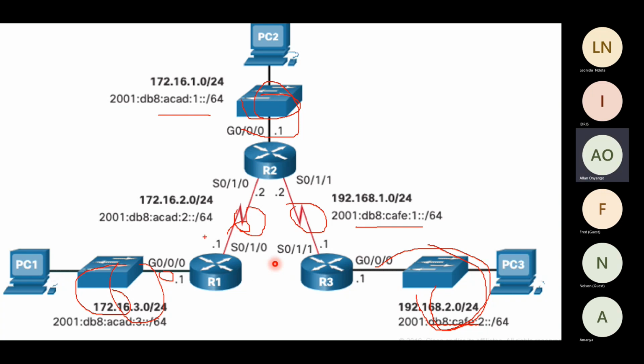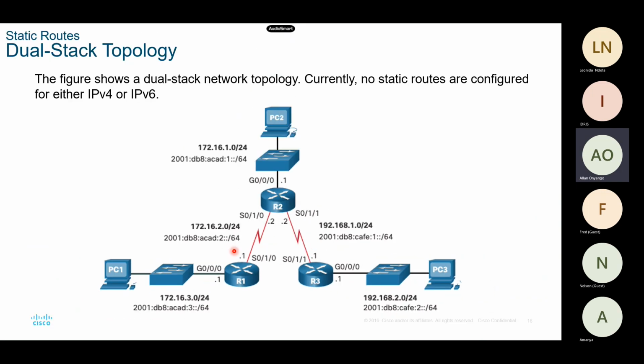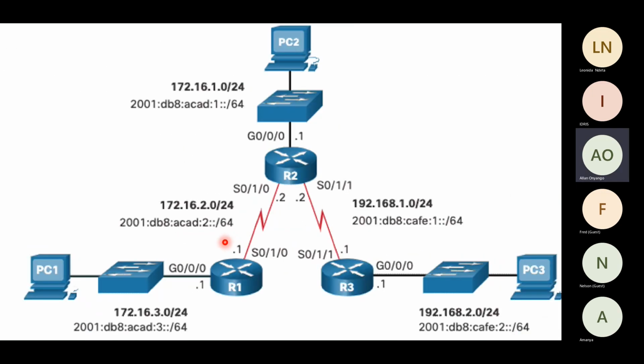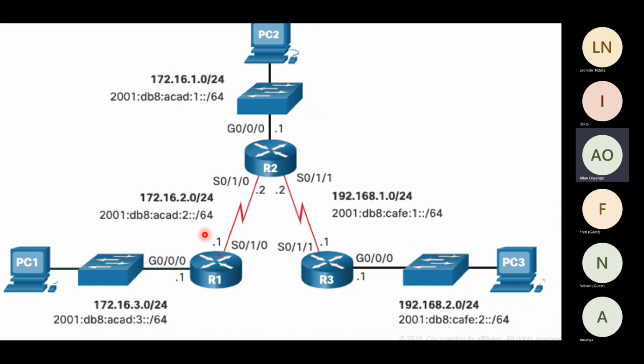And as you add them, we are going to use those 3 methods I talked about. You're either going to identify the exit interface, or you identify the next hop IP address, or you identify both of them actually. I realize I only told you one side. I told you from R1, what is the next hop when R1 wants to send a message to the LAN here, and the LAN here, and the one here.